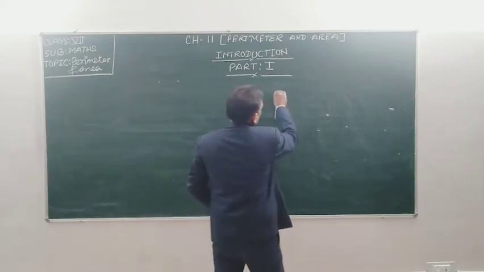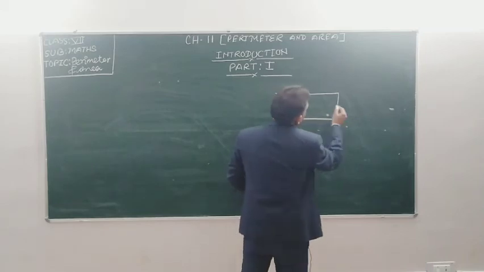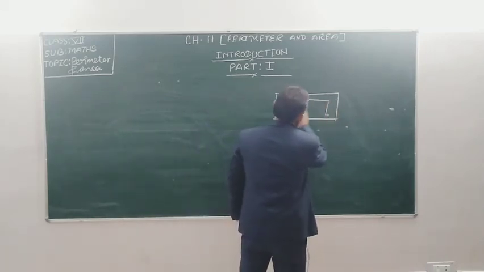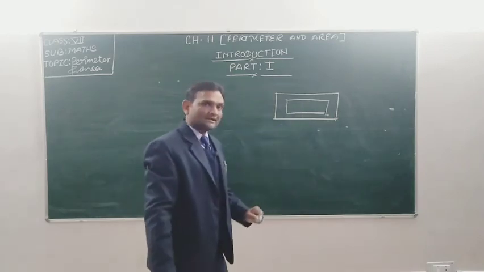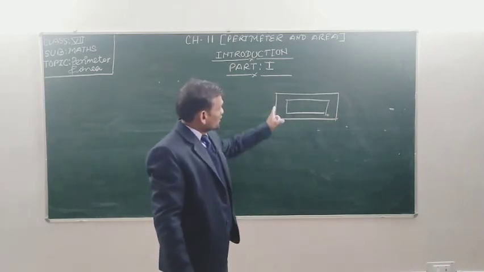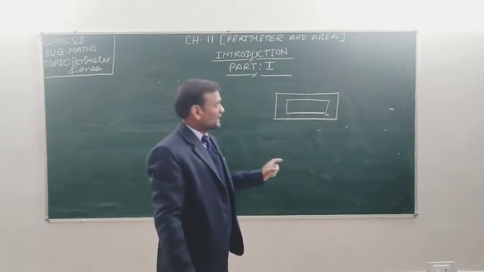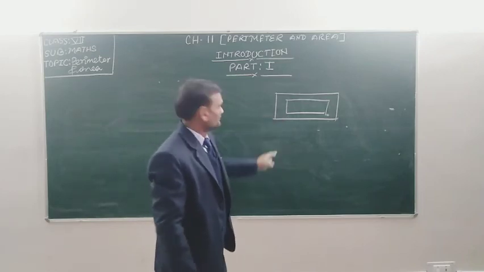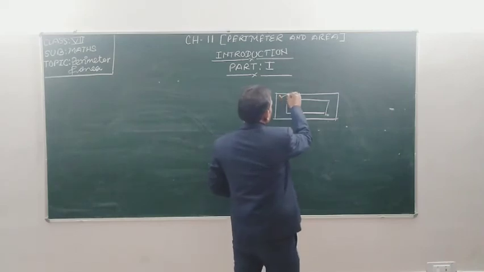Suppose that this is the rectangle, student, and one small rectangle is made in this large rectangle. So the question is asking you, find the area of the remaining parts. Find the remaining parts.